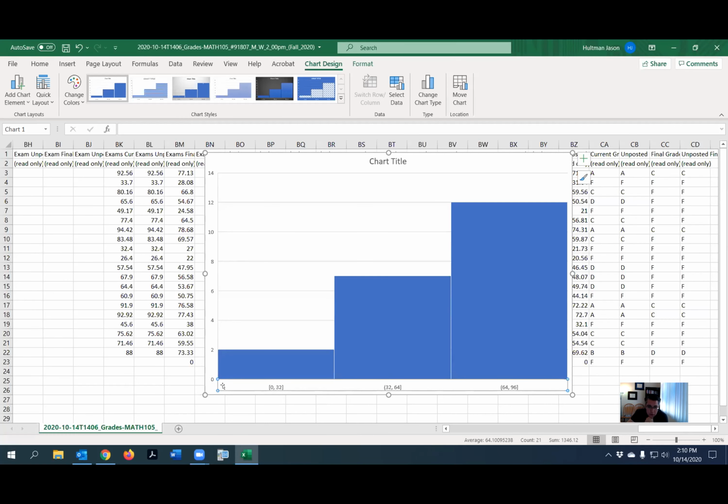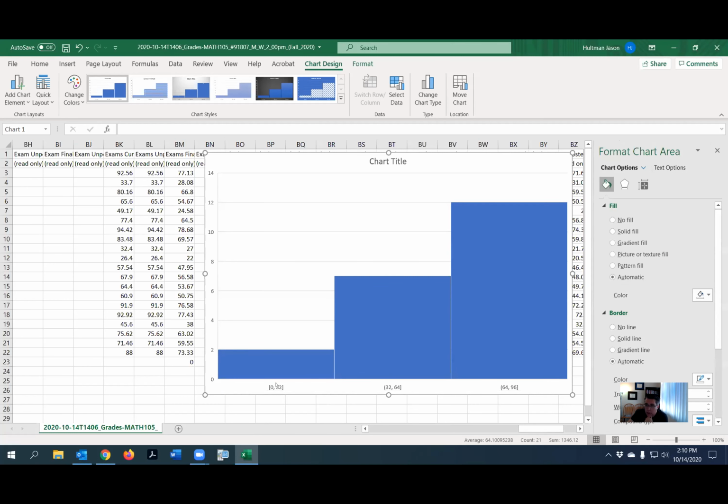Let's see if I can do that. Chart options, here we go. Properties, size, no, don't want that. Shadow, no. I want to change my bin width. Why is it not letting me change my bin width? I don't want the chart area. I just want the axes. Horizontal axis.